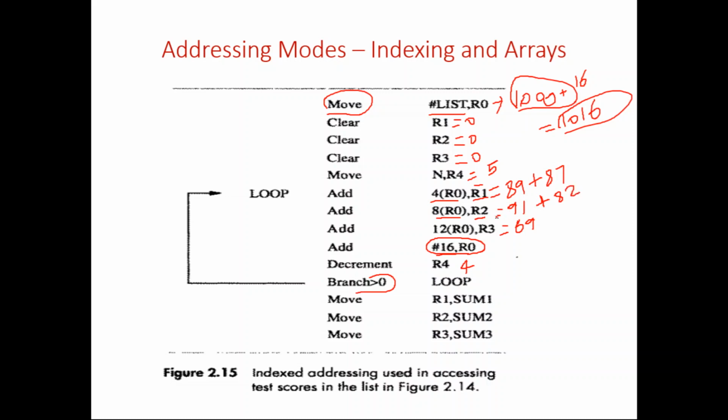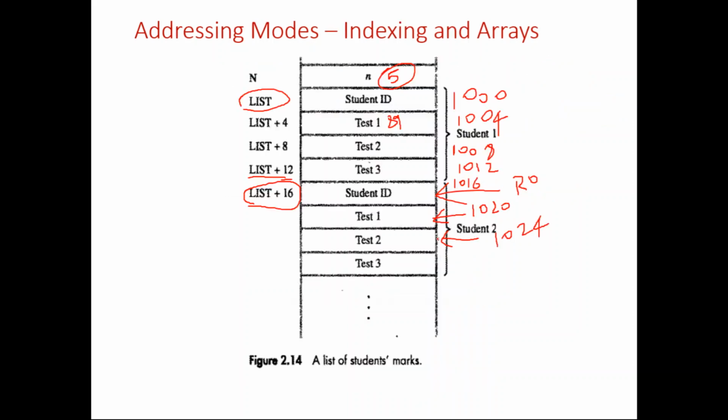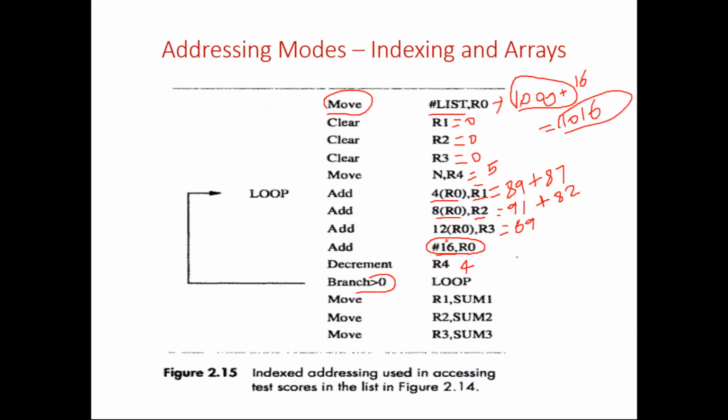Again add 12(R0), R3. What is R0? 1016, not 1000. 1016 plus 12 is 1028.